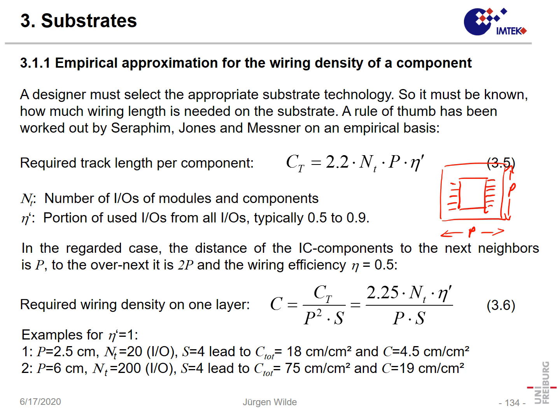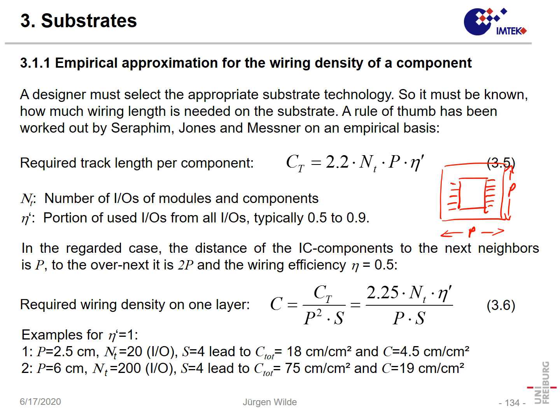Of course, if the number of layers is higher, the required wiring density of one layer is lower. It makes no sense selecting 32 layers or so. It is reasonable to keep this in a not too high range, and so we can play around with numbers of layers, let's say like 2, 3, 4, 5, and so on. And in that way, we can estimate it.